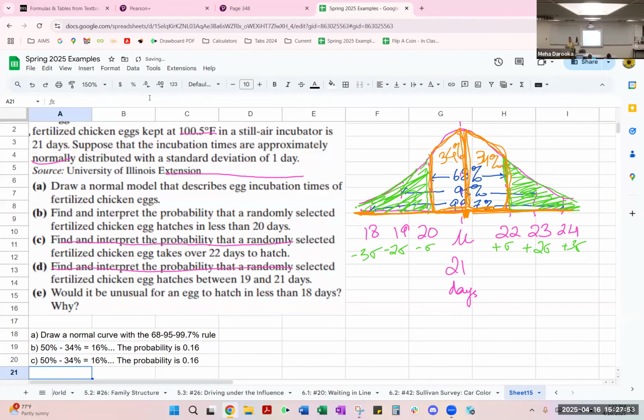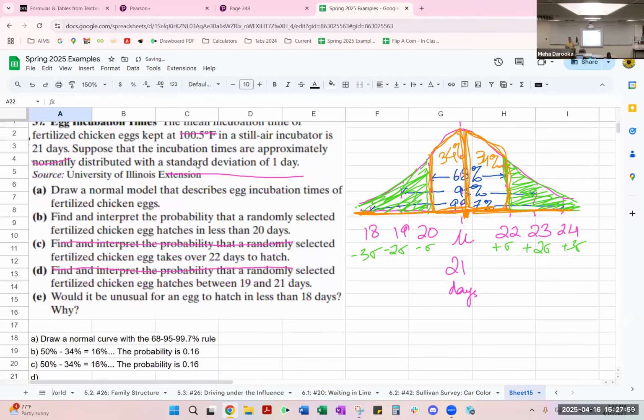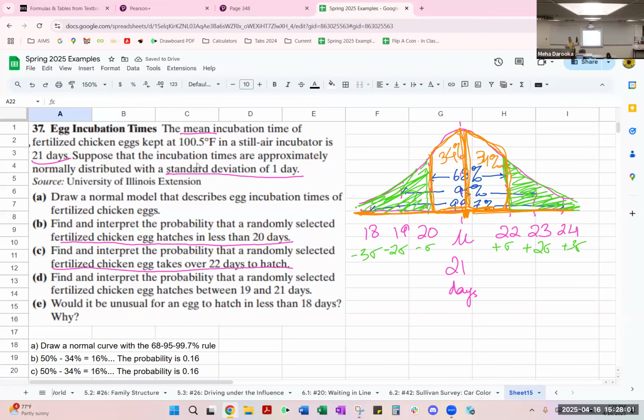Okay, so those two were fairly easy. Now let's see what part B will give us. This one is saying between 19 and 21 days. So they're not giving you the entire 2 standard deviations below and 2 standard deviations above. We're going from 19, which is this side here, that was 2 standard deviations below the mean, to 21 days, and remember the 21 days was the center where the mean is.